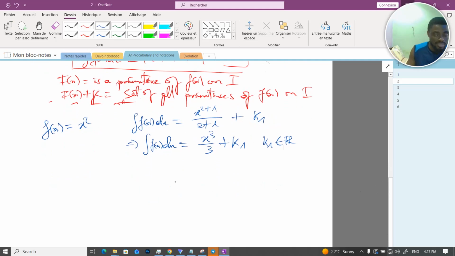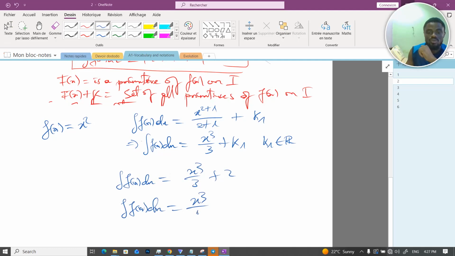Let me do something here for you to understand things clearly. If somebody integrates this and writes, for example, that the integral of f of x dx is equal to x cubed on 3 plus 2, and you found that the integral of f of x dx is instead equal to x cubed on 3 plus 5, these two are both primitives of this.